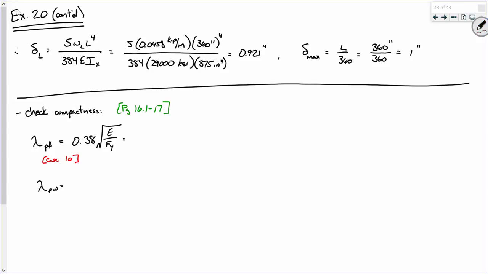Because it's unstiffened. All right. While we're at it, what's it going to be for the web? Case 15. Hold on. And what do you have? Is everybody able to find that? That's important.